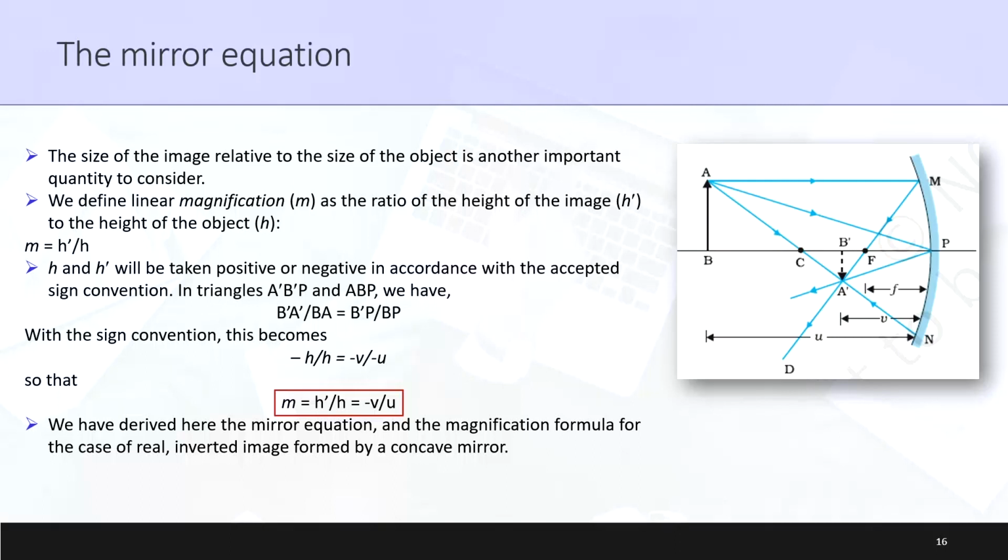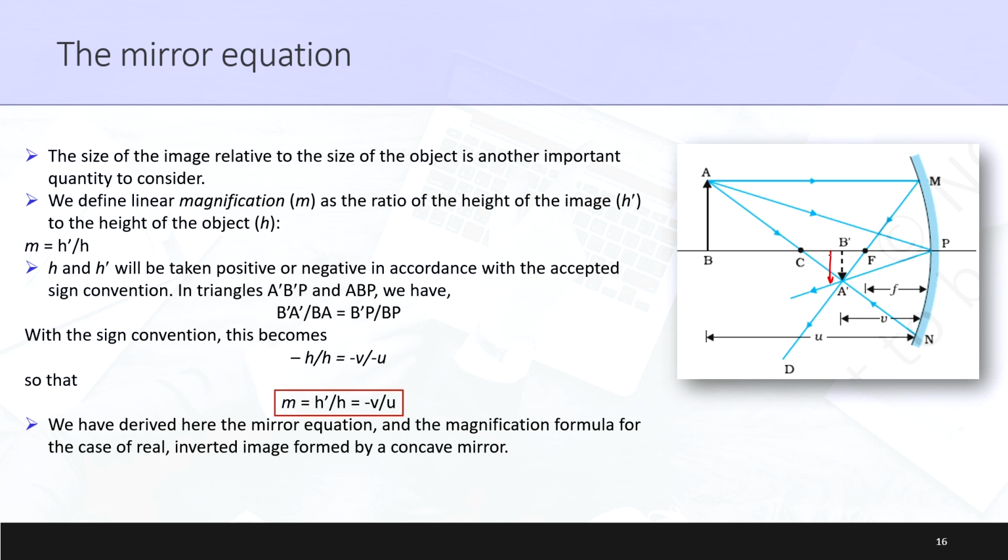I will explain whatever I am saying right now. And finally after we also understood the magnification concept, I will just iterate it again. So, the size of the image relative to the size of the object is another important quantity to consider. We now define linear magnification, which is denoted by small m, as the ratio of the height of the image h dash.